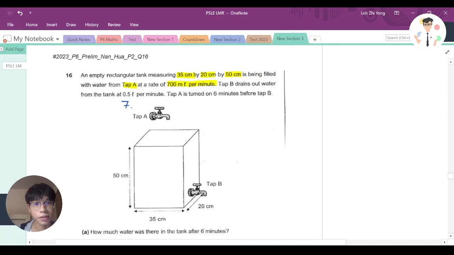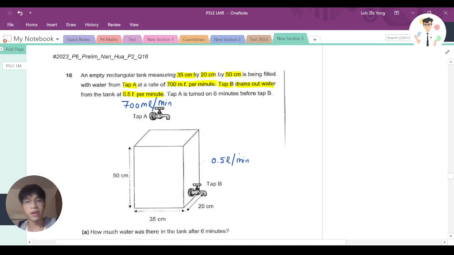Tap A is flowing in 700 ml per minute. And the question continues, it says that tap B drains out water from the tank at 0.5 liter per minute. So here is draining out water 0.5 liter per minute.